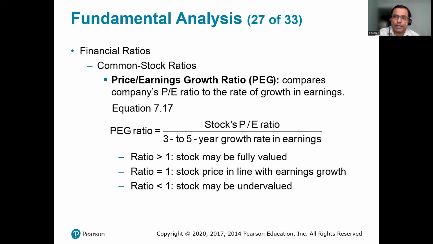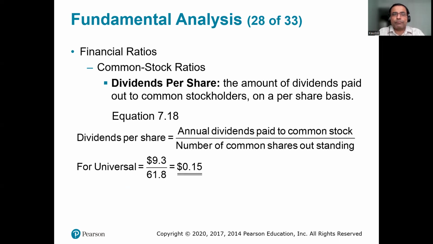As earnings are increasing, the stock price is also increasing. And a ratio less than 1 means the stock is undervalued. The stock is expected to rise more because the earnings growth is increasing, but the stock price is not increasing at the same rate. It is increasing at a slower rate. So these are some key predictions that we can do based on the common stock ratios.